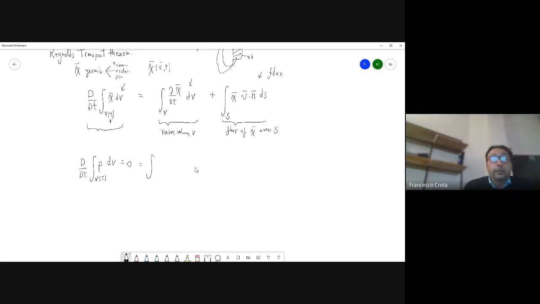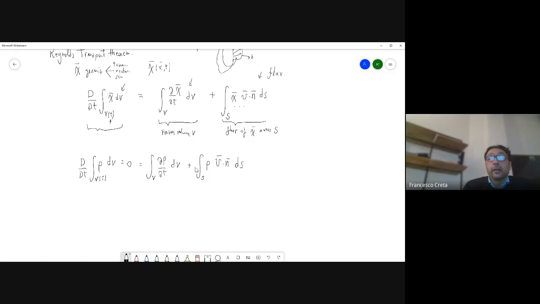The Eulerian derivative extended to the frozen volume V, so the integral of d rho by dt in dV, plus the flux across the frozen surface S, which is, again, the integral of rho V dot N dS.